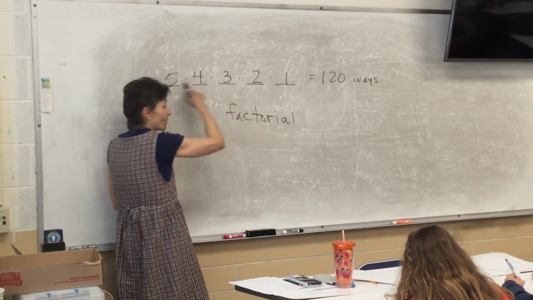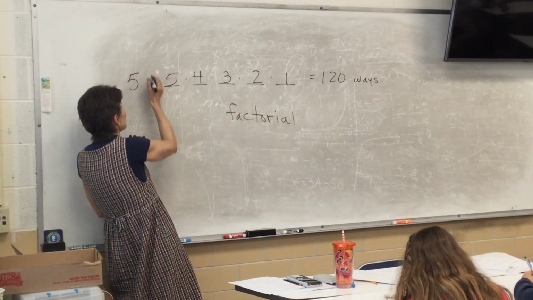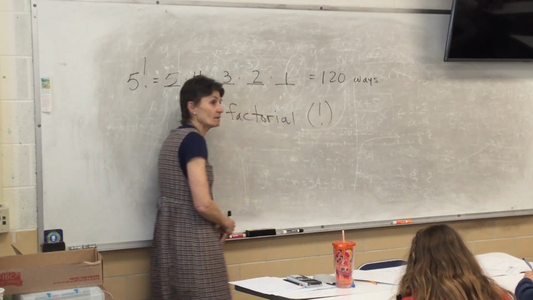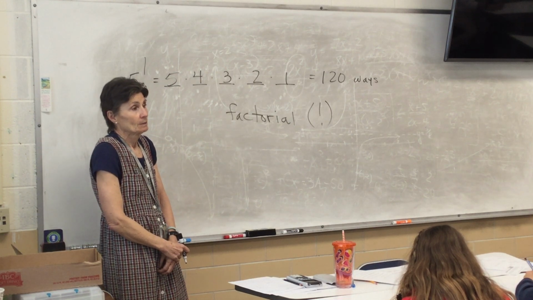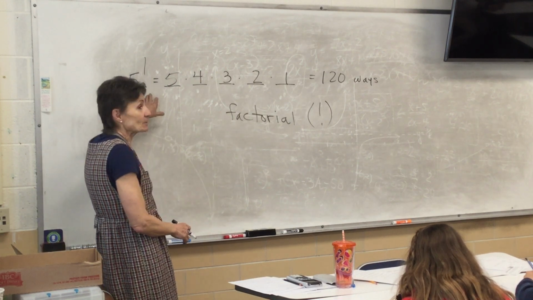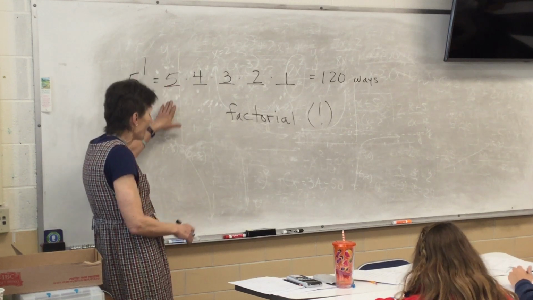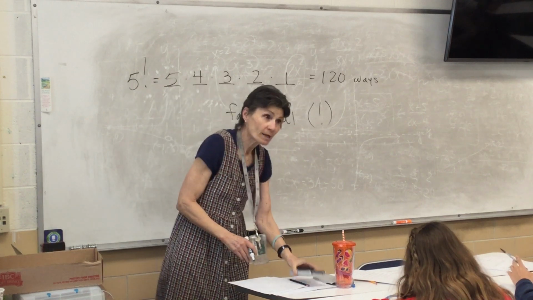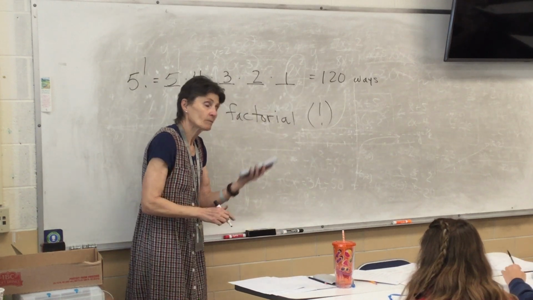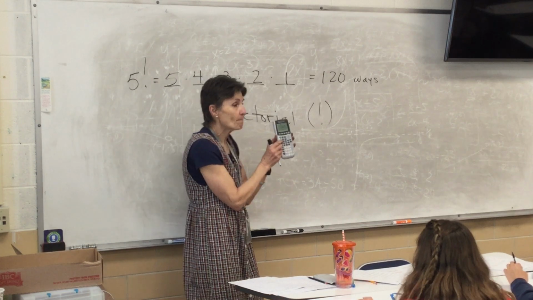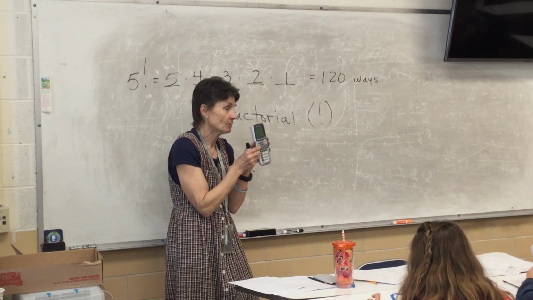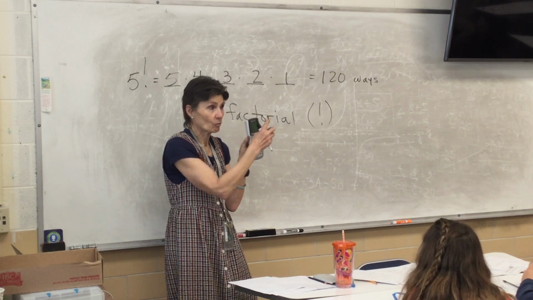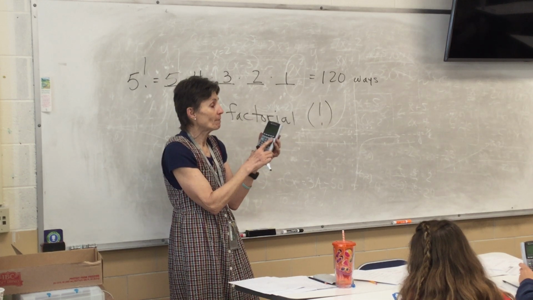So this number is 5 factorial. The symbol for factorial is the exclamation point. So 5 factorial means 5 times 4 times 3 times 2 times 1. So on your calculator, if you press the math button, the regular straight math button, one of the options across the top is probability.